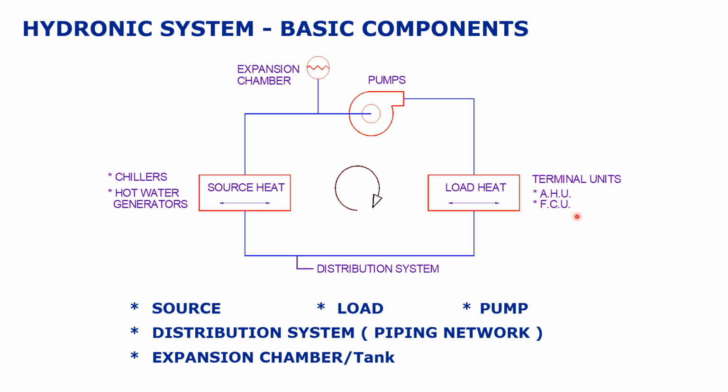It carries the heat through the load equipment, the air handling unit and fan coil unit, and this heat is distributed through the distribution system to the chiller or any hot water generator for heating applications. After rejecting the heat to the atmosphere through the cooling tower, the chilled water or the hot water is again going to come back to the air handling unit or the fan coil unit. And there's an expansion chamber, which is called the expansion tank. So these are the basic components of any hydronic system.